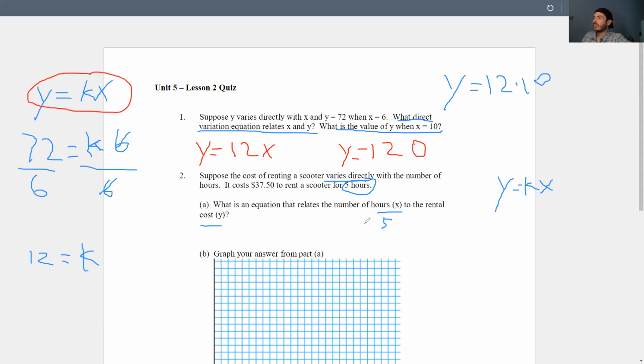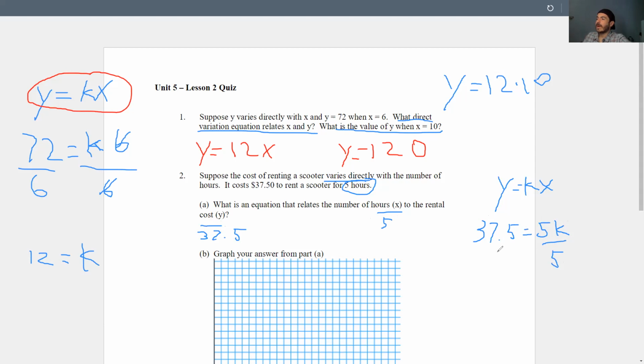And the rental cost total is Y, that's $37.50 when X is 5. So I can substitute these back into the equation. I'm going to say 5K. You can just as equally say K5.